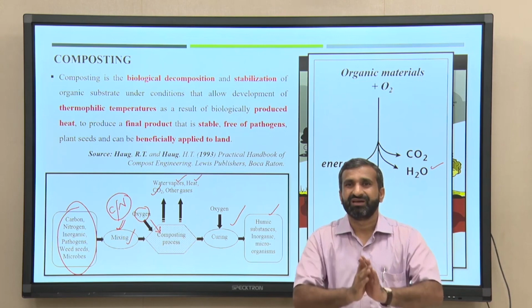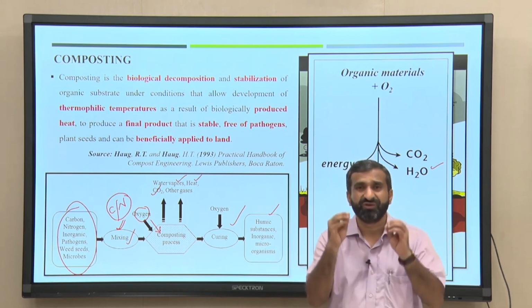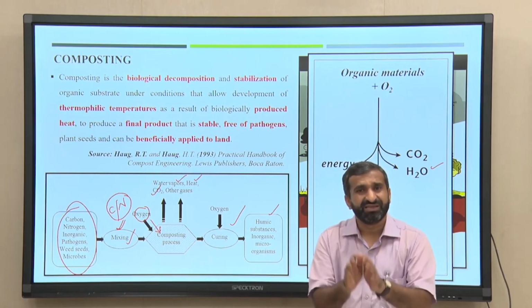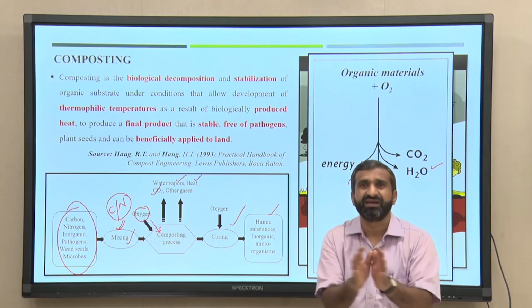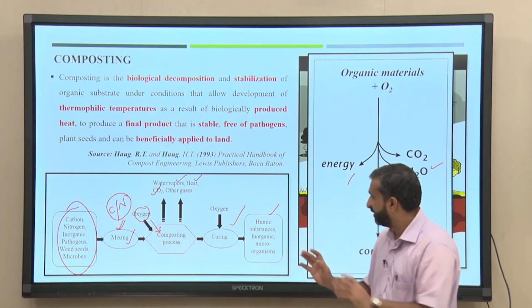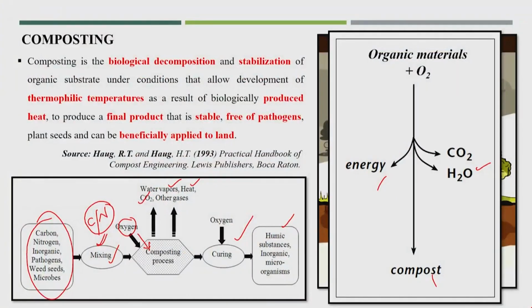No, there is no anaerobic composting process. Always remember that composting is an aerobic degradation process. That is why I always put oxygen in the flow; oxygen is always required to maintain proper aerobic conditions.